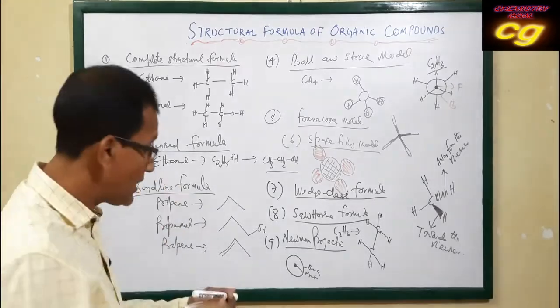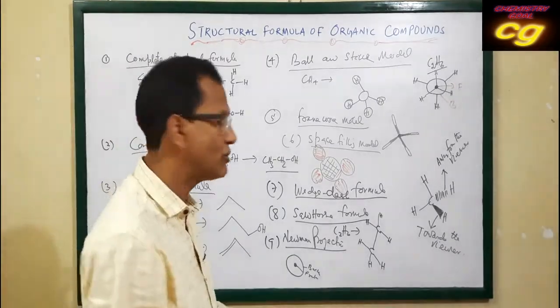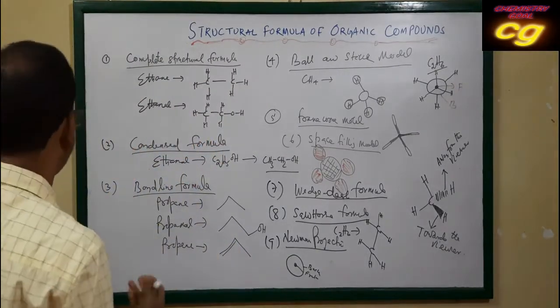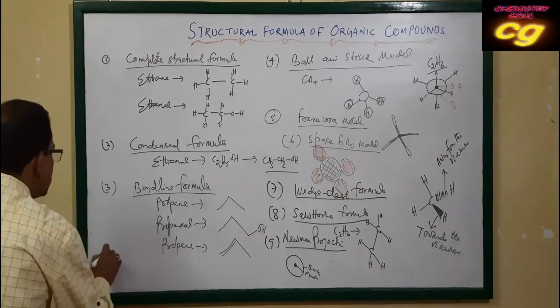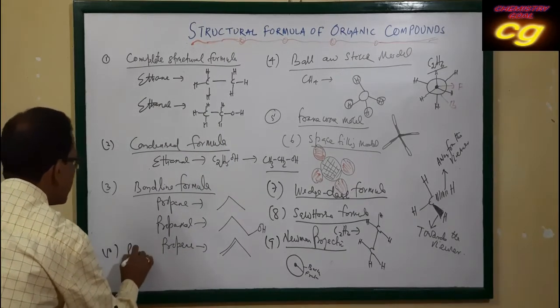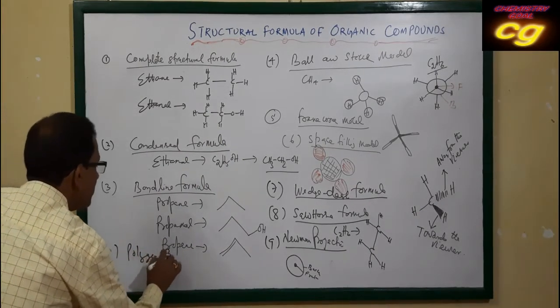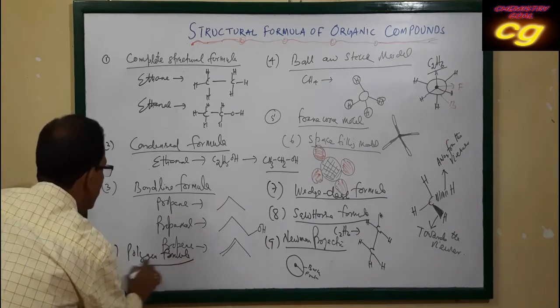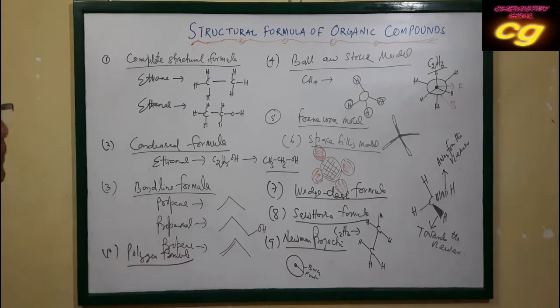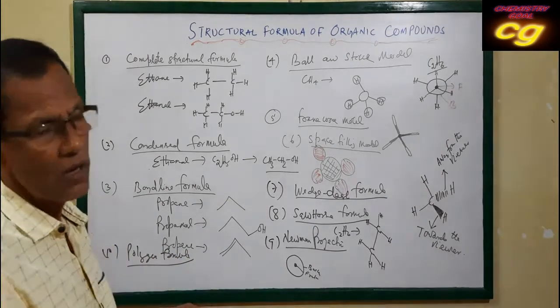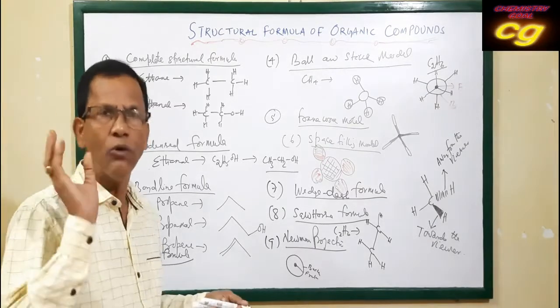In the bondline formula, sometimes a molecule with a cyclic structure is represented as a polygon. This is the last one, the polygon formula. In the polygon formula, the molecule is represented only in polygon form, without showing the atoms.